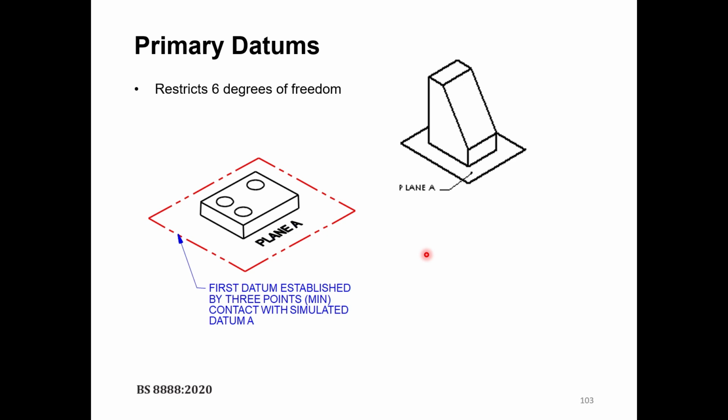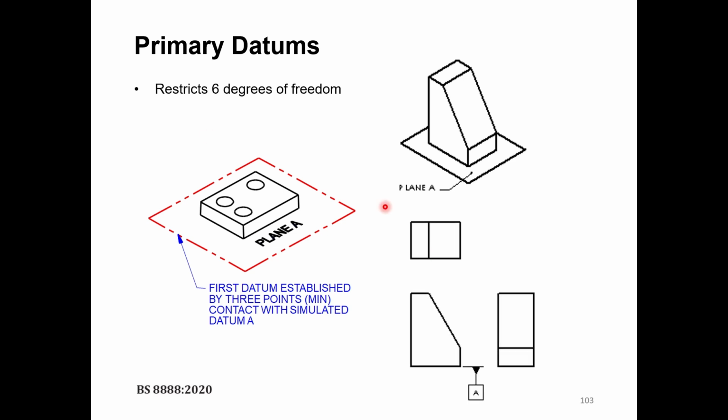So this is the datum A, and when we use this first datum, the primary datum, we restrict 6 degrees of freedom out of those 12.